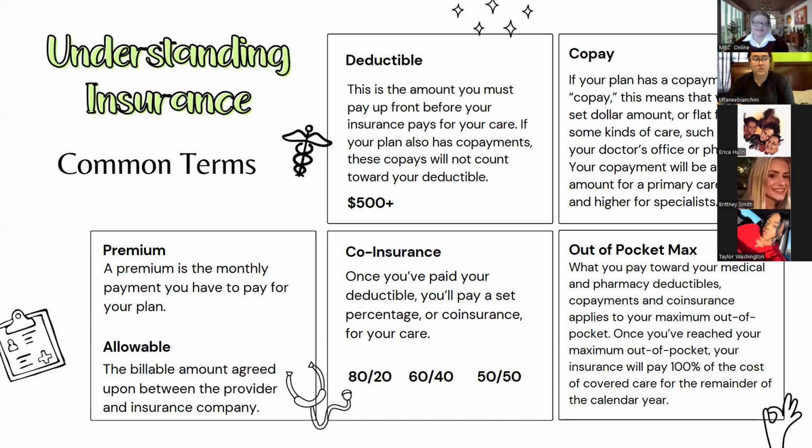If the provider or the doctor is not signed up with that insurance company, they are considered out-of-network, or you'll also hear them called non-participating, or on paperwork, non-par, non-participating provider, okay?